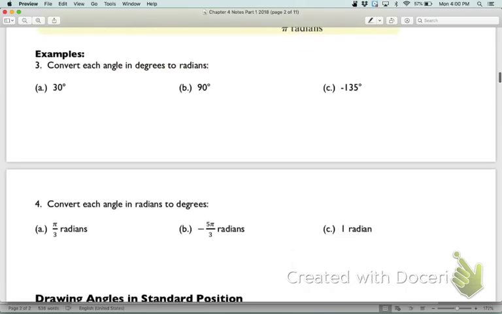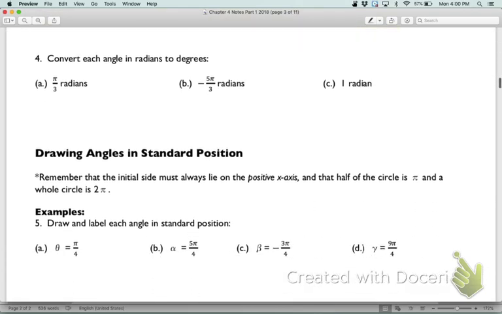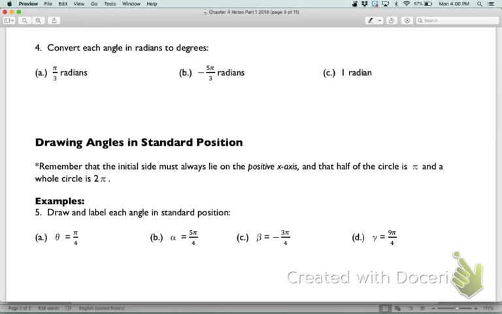Now, we can also switch the opposite direction. I can have, for example, pi thirds radians. Now I want radians to cancel out. So I have pi over 3 radians. I need radians on the bottom, so it cancels. So that's my pi, and then I need degrees on the top.